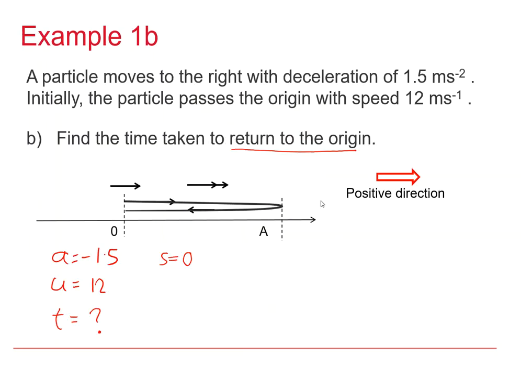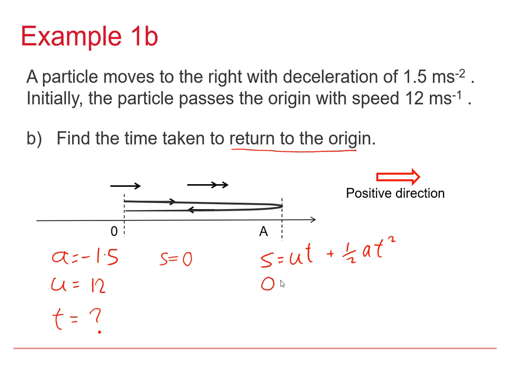Let's write that down. So s equals ut plus half a t squared.